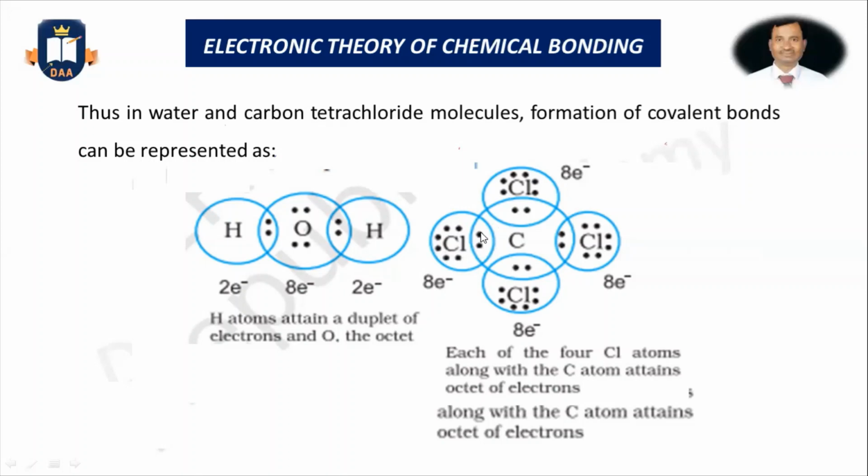In this way, carbon forms a bond with each of the 4 chlorine atoms. And in this way, the carbon atom forms an octet of electrons, and each chlorine atom also forms an octet electron configuration.